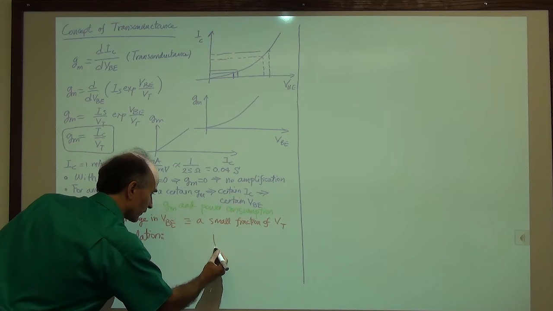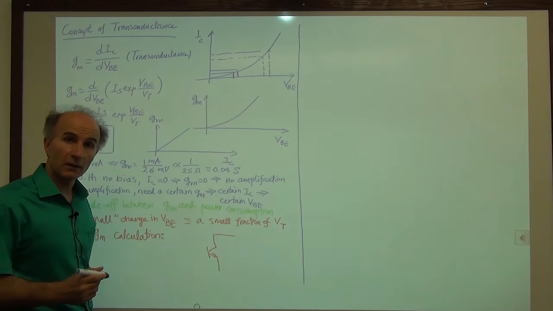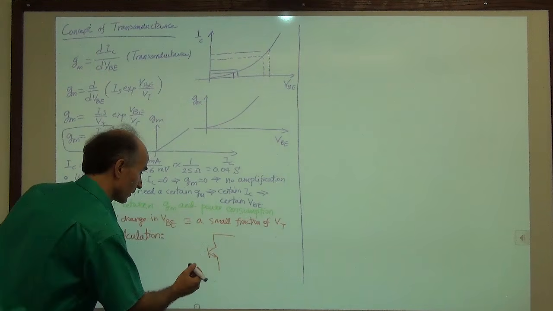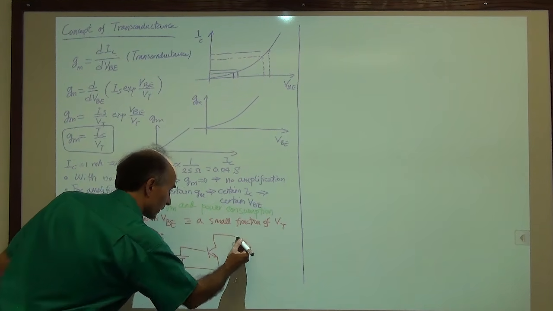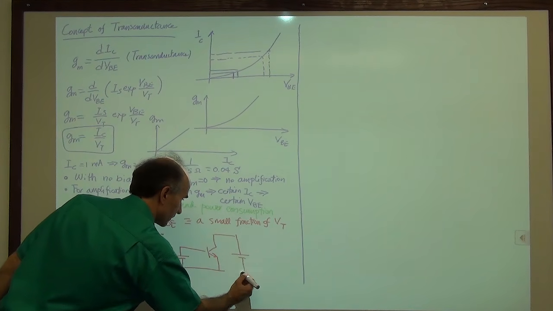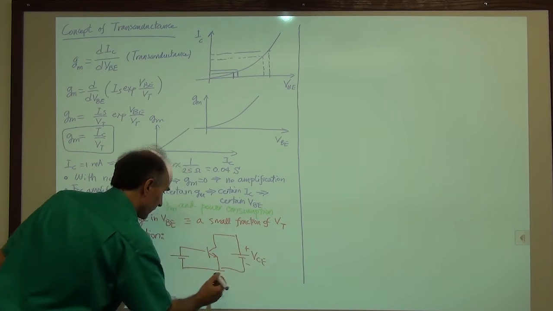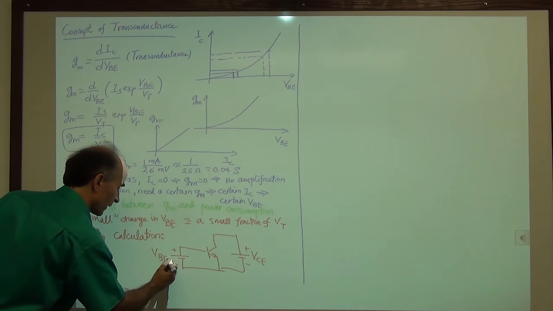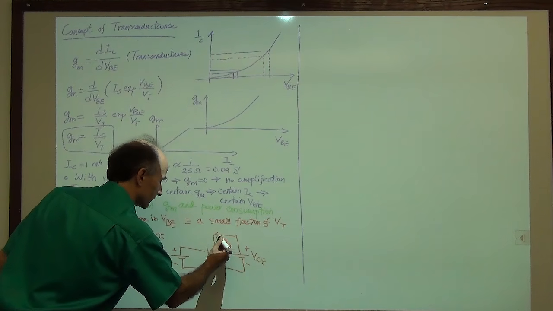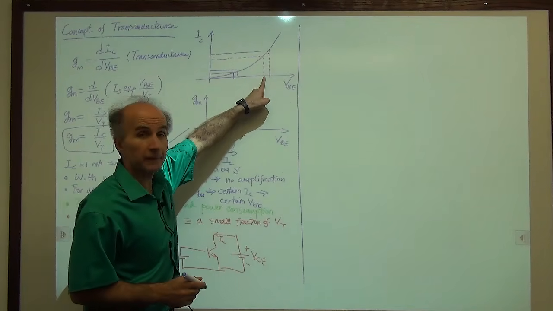We take a bipolar transistor and we place it in forward active region. So we connect a battery here. We connect the battery here. That's our VCE. That's our base emitter voltage. And we are measuring this current. So this base emitter voltage could be, for example, here.